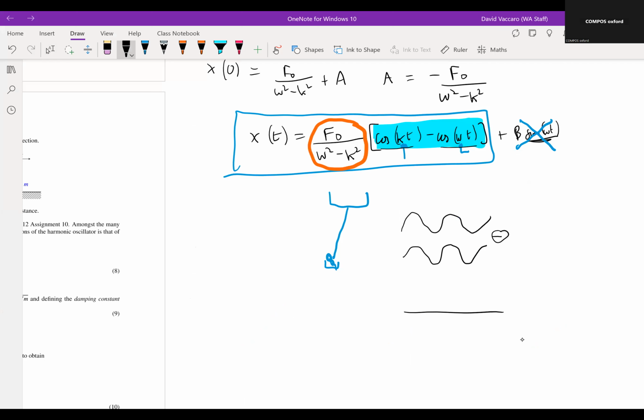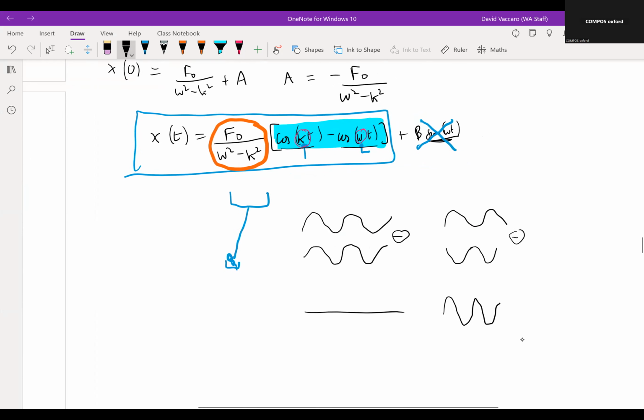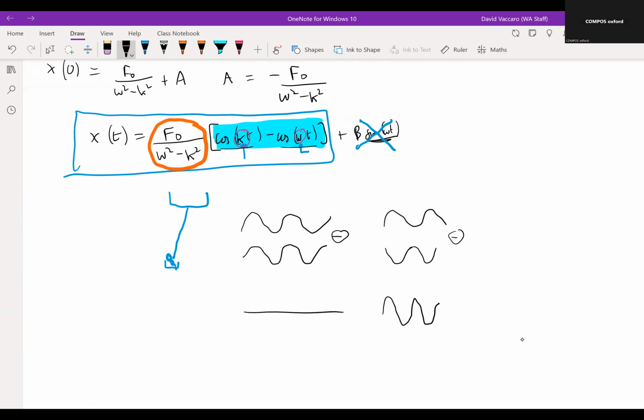But over time, because they progress with different angular frequencies, at a later point they're not going to be in phase, they're going to be in antiphase. And when they're in antiphase and you subtract, you get reinforcement, so you get a bigger amplitude.